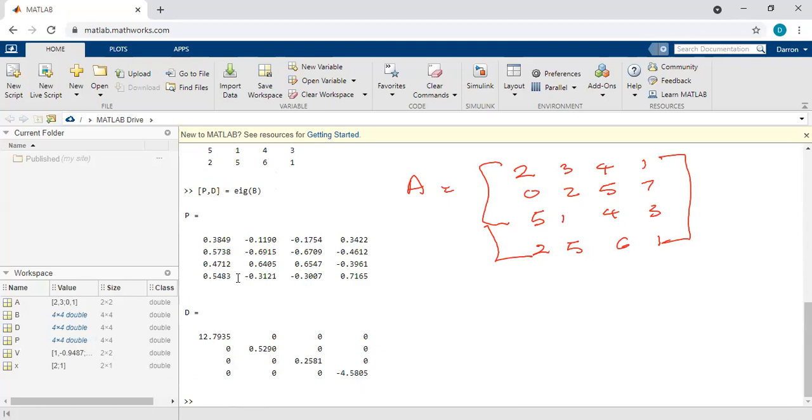Now this one here makes sense to take it out of normalization because we still end up with a decimal. So the eigenvalues there in the diagonal are all decimal places.